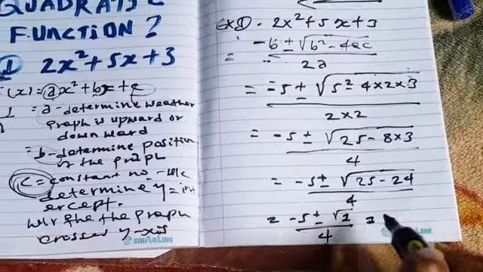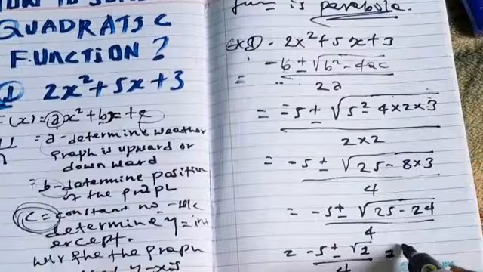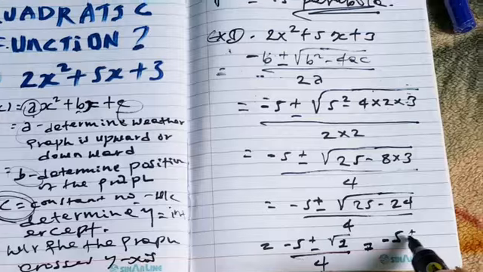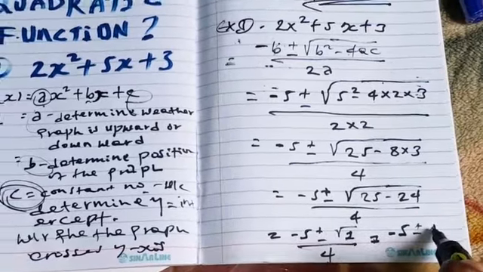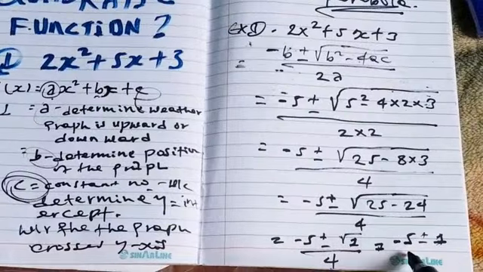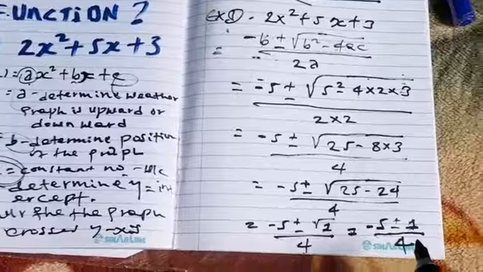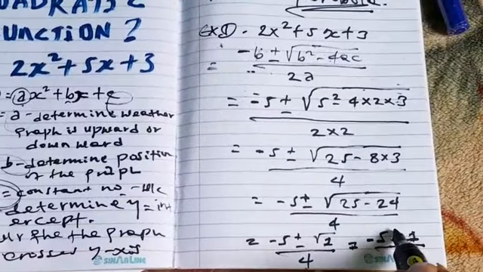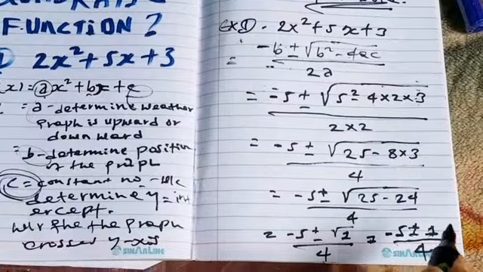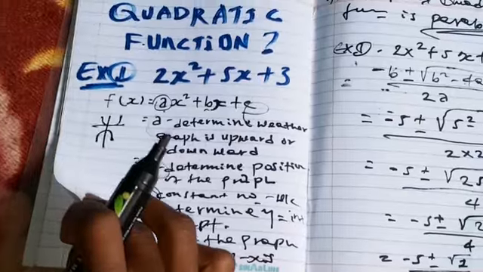Then minus 5 plus or minus 1 over 4, since the radical of 1 is 1. Don't forget, the radical of 1 becomes 1.